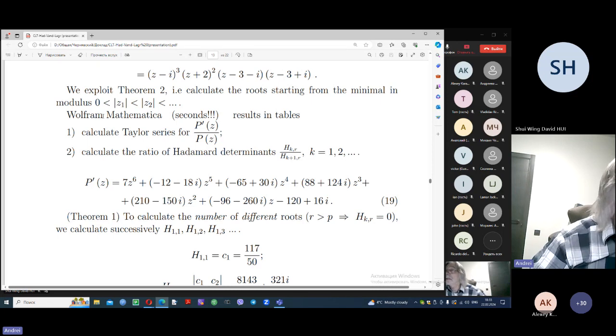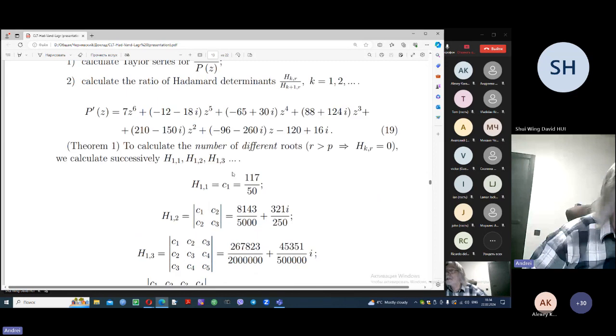As I said, Wolfram Mathematica does the corresponding calculation in seconds. What do we have to calculate? We take a derivative and Wolfram Mathematica calculates the corresponding Taylor series for this ratio and the corresponding Hadamard determinants.